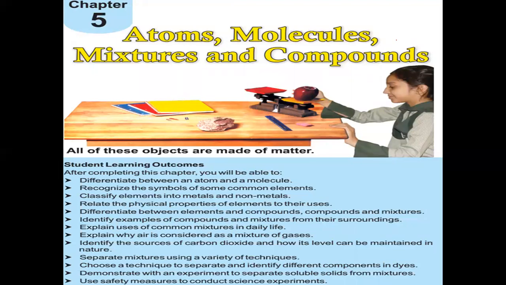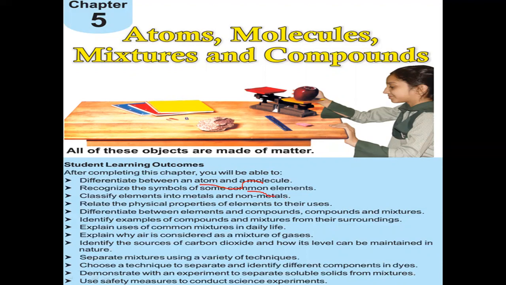If you see, this is our chapter number 5. Let's have a review of the previous topics which we have studied in this chapter so that you can revise all the topics related to today's topic. First of all, we have studied atoms and molecules, and some common elements and their symbols.